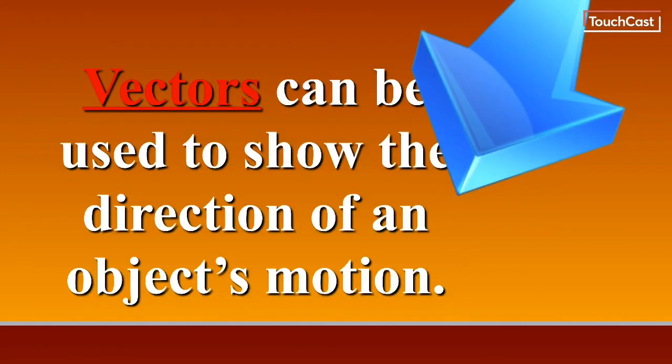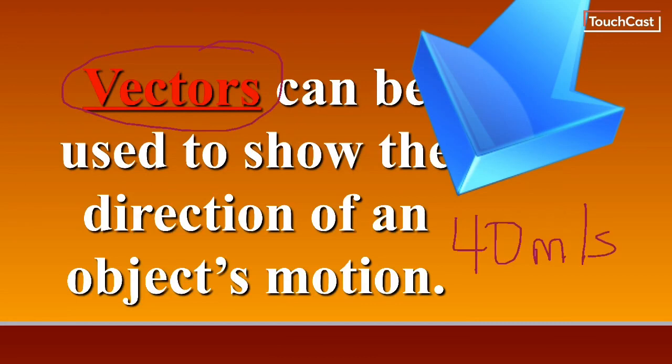The next blank is vectors can be used to show the direction of an object's motion. So for example, if I was going 40 meters per second north, north will be straight up. That's a vector.